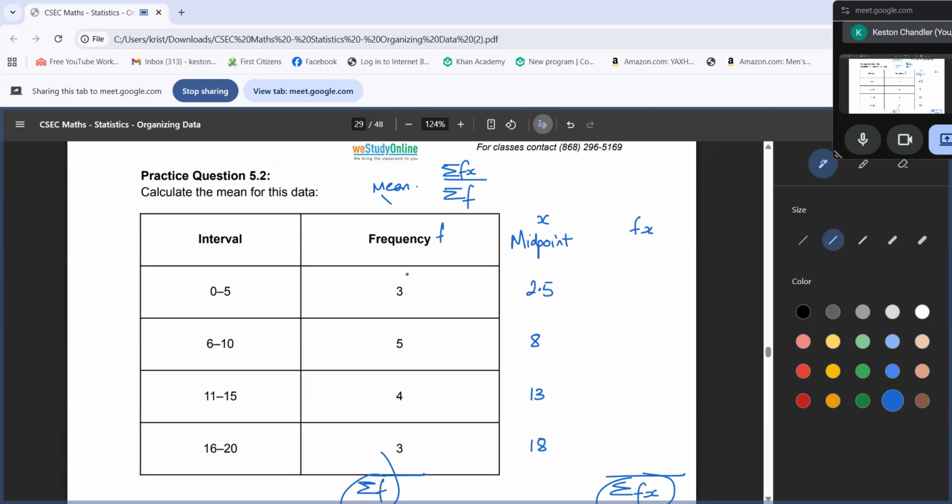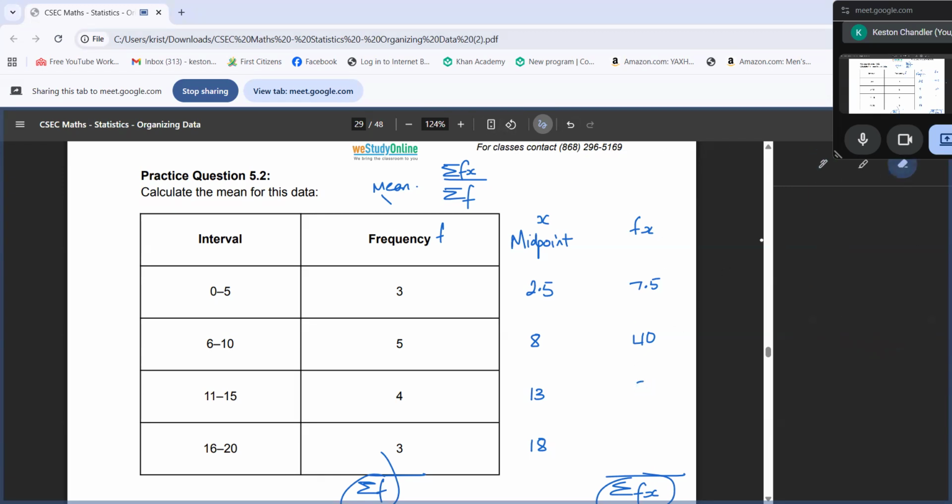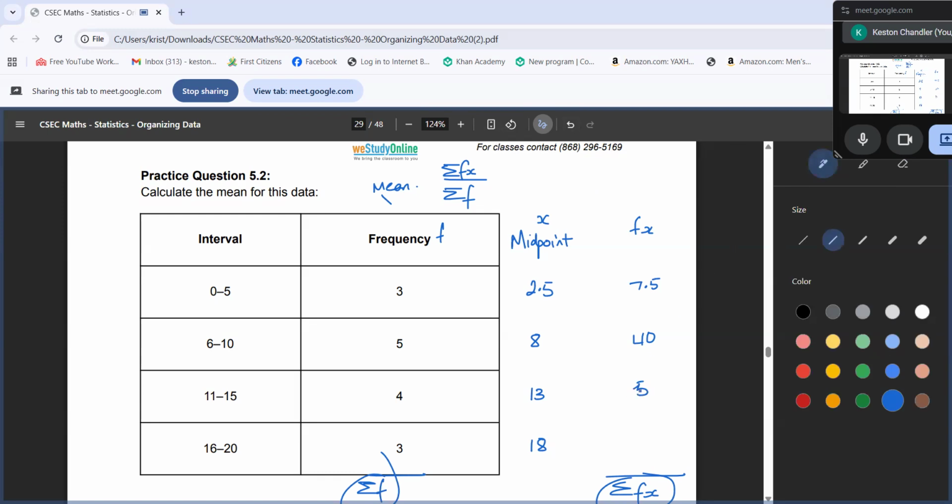And then we multiply the frequency by the midpoint. So this is going to give us 7.5. 5 by 8. 4 by 13, 48 and 4, 52. 30 and 24, 54.